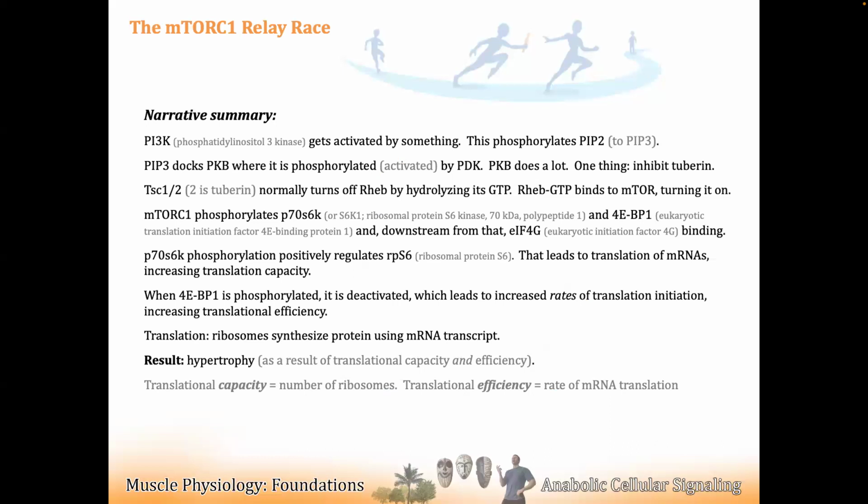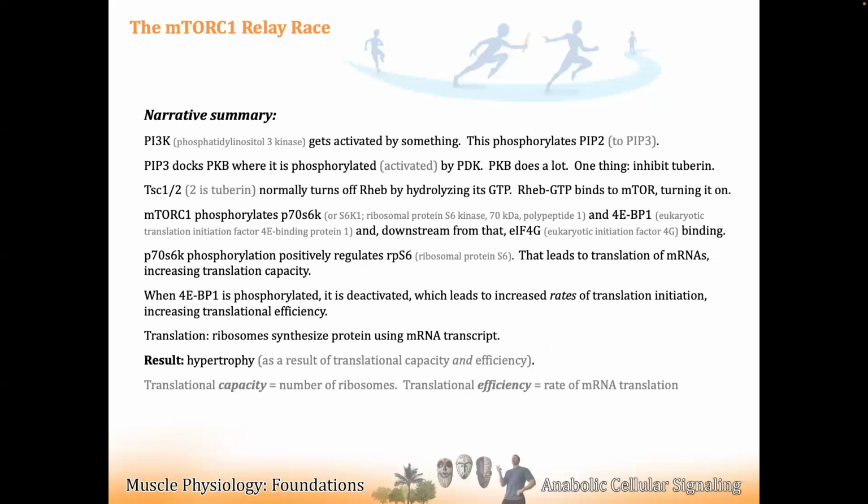And that's what PIP3 is doing. It recruits PKB and PDK to the plasma membrane where PKB can be turned on. So now PKB is on, right? It's active. And active PKB has pretty much infinity effects, right? There's so many of them.